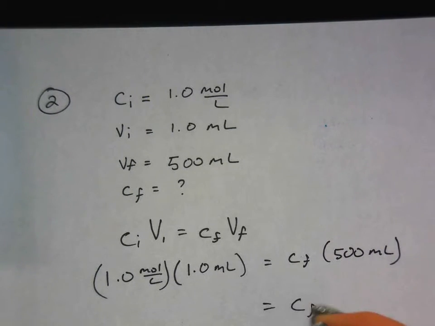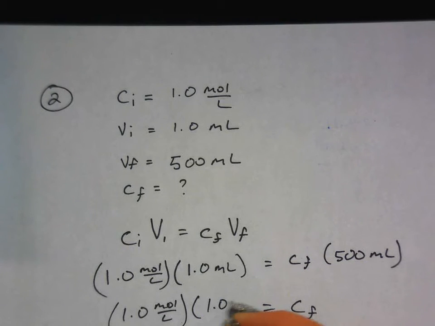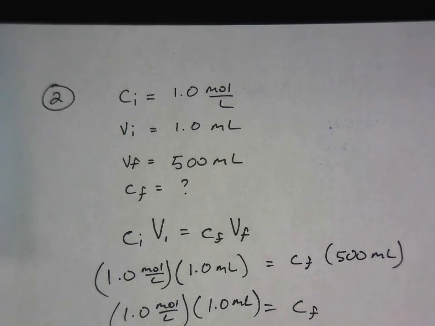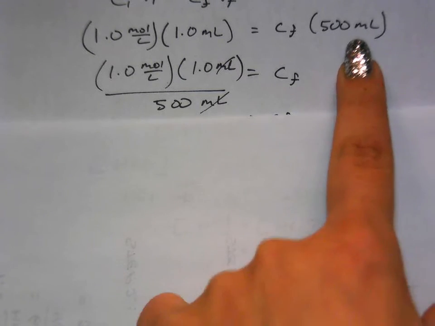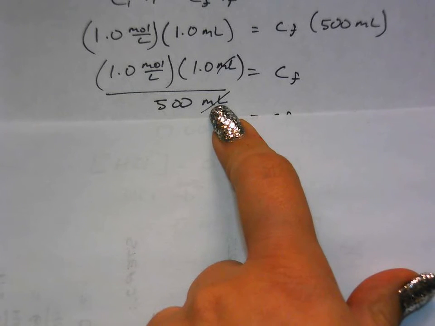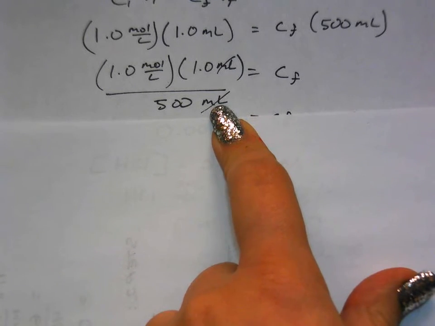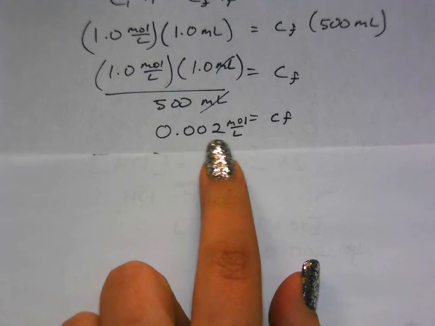So that leaves my final concentration as 1 milliliter divided by 500. So divide both sides by 500 milliliters. Milliliters and milliliters cancel. This is the reason why we didn't need to change everything to liters. When you put that in the calculator, you get 0.002 moles per liter.